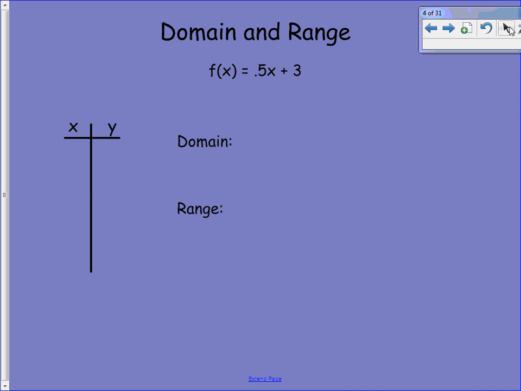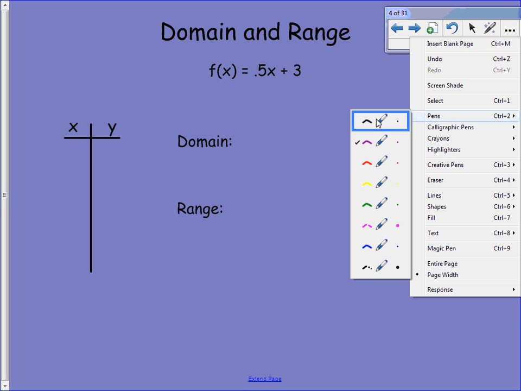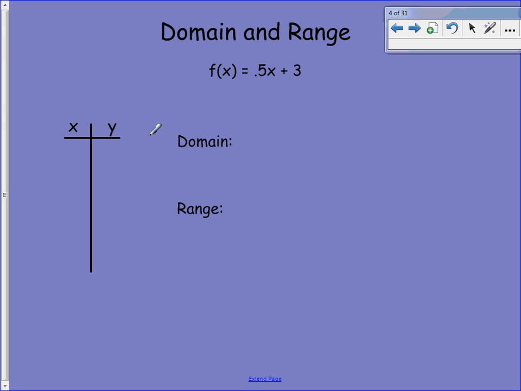One more. I know it's really dark. Hold on, I'm sorry. If I'm going to give you a domain, I'm going to give you -2, -1, 0, 1, 2. I'm going to plug my x values in to get my range. What is 1/2 of -2? -1. -1 plus 3 is 2. What is 0.5 times -1? -0.5. -0.5 plus 3 is 2.5.